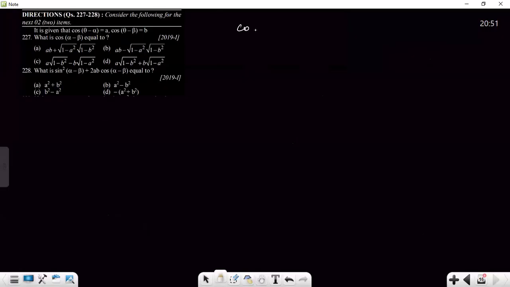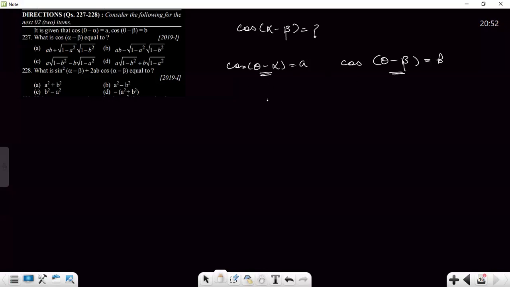We already have cos of theta minus alpha as A, cosine of theta minus beta as B. If we find the difference of these angles, theta minus alpha minus theta minus beta, it comes out to be beta minus alpha, and that is the opposite of what we need.